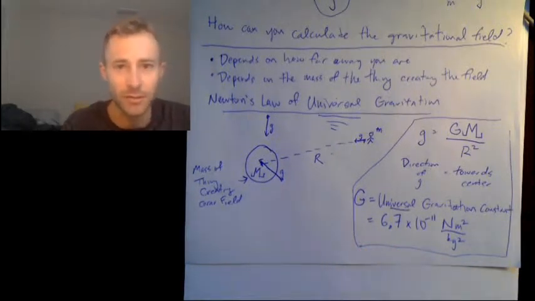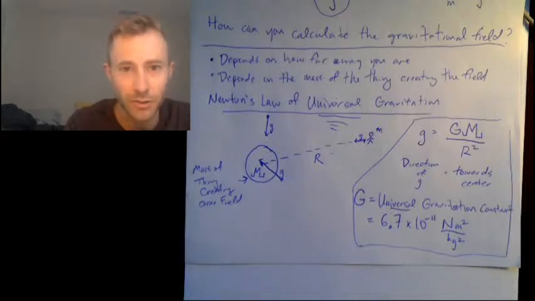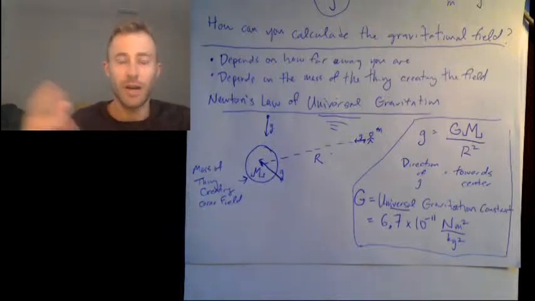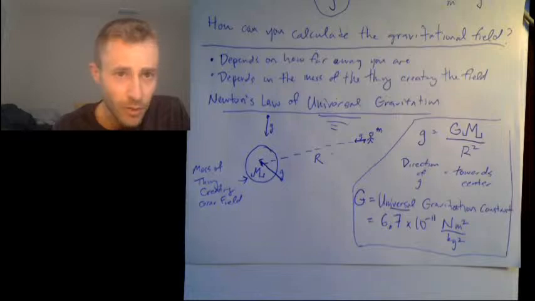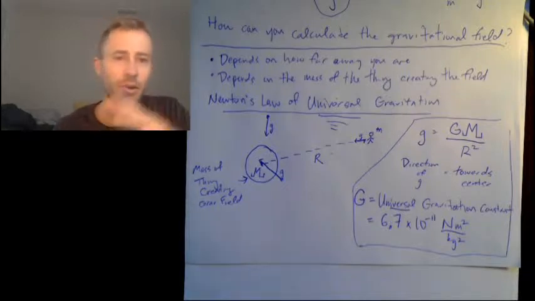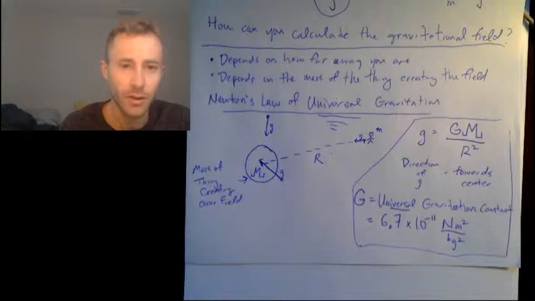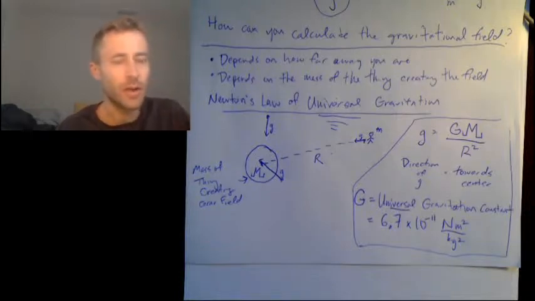Everything with mass creates a gravitational field. You create a gravitational field, okay? You create a gravitational field around you. The moon creates a gravitational field. The Earth creates a gravitational field. All the planets and all of their moons each creates a gravitational field, okay? All right?